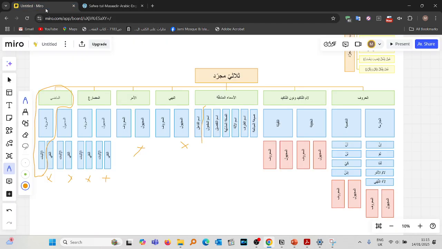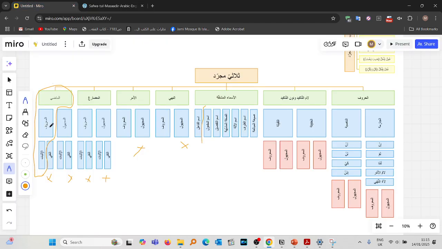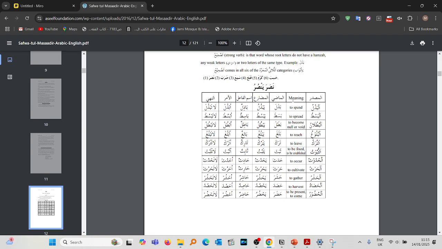The reason we're skipping these discussions is because the Maldi is mentioned, Mudari is mentioned, Ismul Fa'il is mentioned, Amr is mentioned, Nahi is mentioned. So I need you to be familiar with these concepts. Hence I'm giving those conjugation groups precedence over the others in terms of what's learnt first. We're giving precedence to everything you need to know to memorize this book.